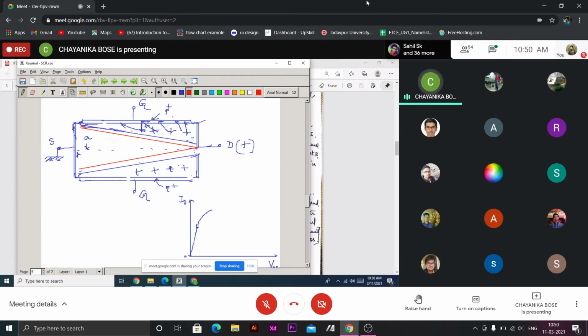So this region is also a depletion region, where more donors are exposed. So now it is the pinch-off point where VDS is VP.